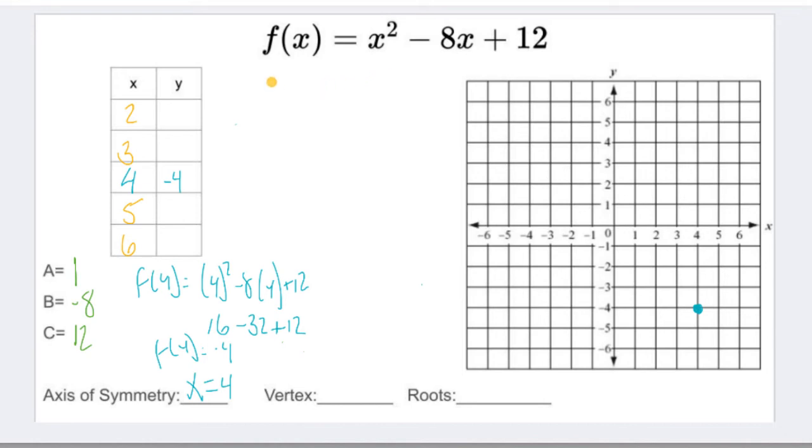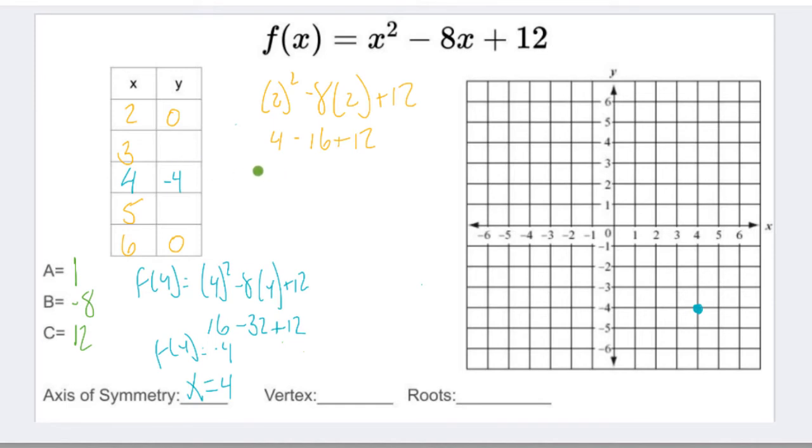So again, 2 squared minus 8 times 2 plus 12. So 4 minus 16 plus 12 just happens to be 0, which means this is also going to be 0, because that axis of symmetry really is symmetrical.